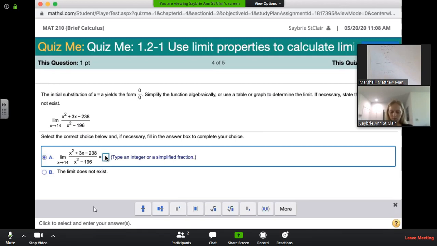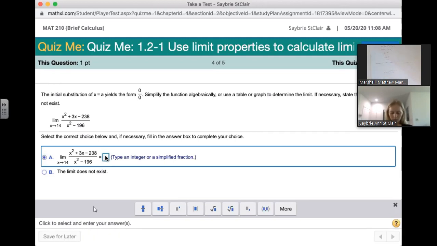And then 238 looks like it's made up of 17 and 14, so that's going to be positive 17 and negative 14 if I factor that top one using the diamond method. Using my calculator, 17 times negative 14 gives me negative 238, and if I add those, it gives me positive 3.